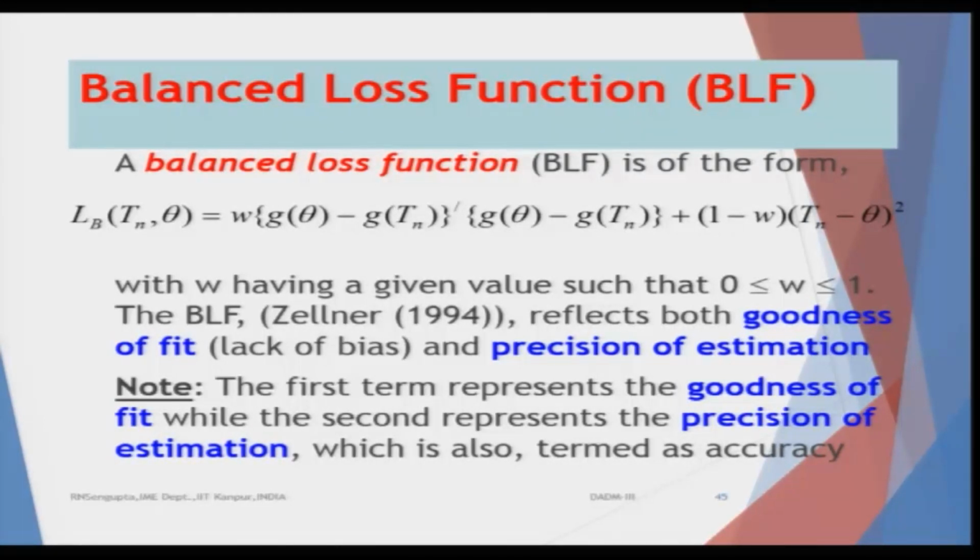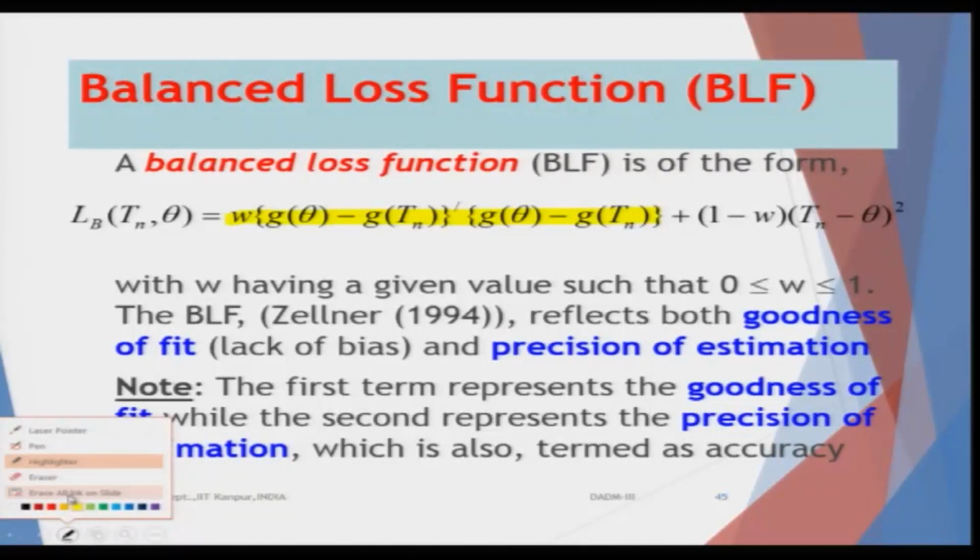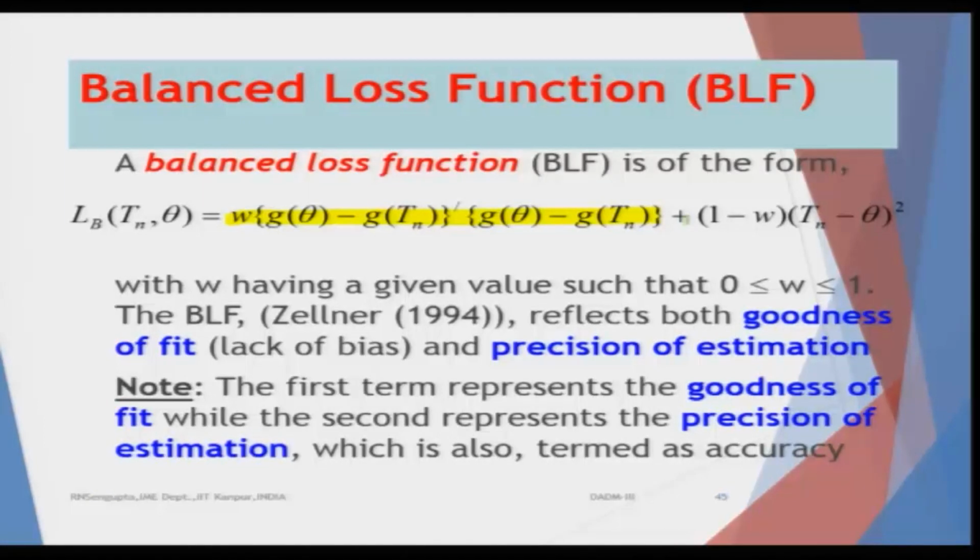So, if I multiply W or delta with the forecasting error, which I will mark in yellow, and the other one when I am utilizing the estimation error, here it will be 1 minus delta, 1 minus W. So, in case W is 1, then the overall effect of the loss would all be subsumed under the forecasting error.